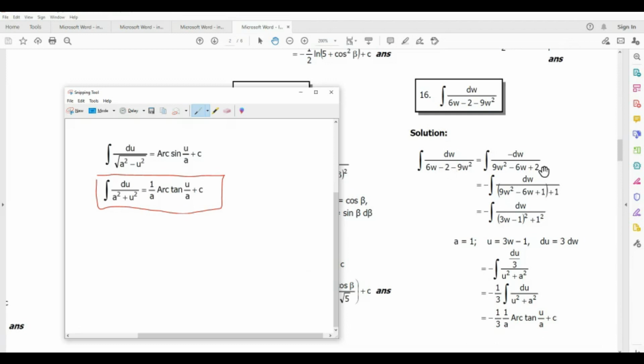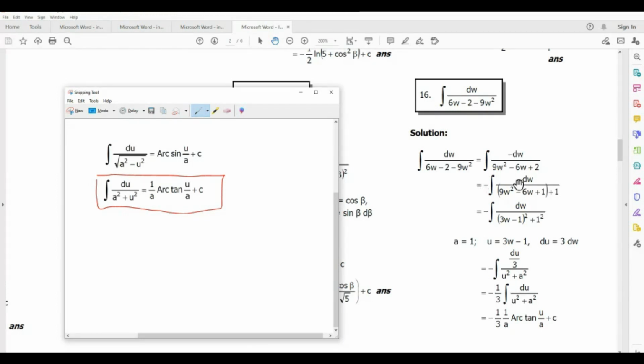Pero napansin nyo, pinactor yung negative dito sa solution na to, ginawang positive itong 9y squared tsaka itong 2. Pinactor yung negative. So naging positive w squared minus 6w plus 2.